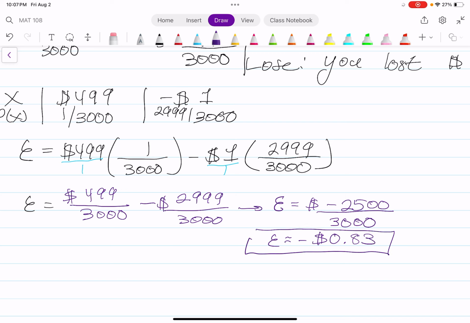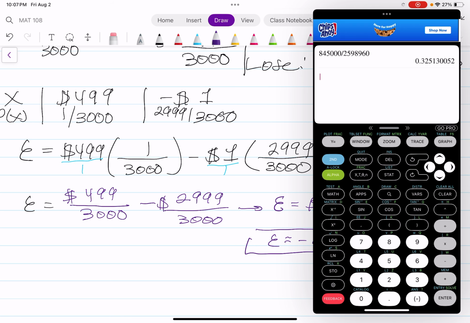You're expected to lose 83 cents for every ticket you purchase. I think that's right, because that's 25 over 30, which is about 0.83. Let's double check the math real quick. Yep, that works.